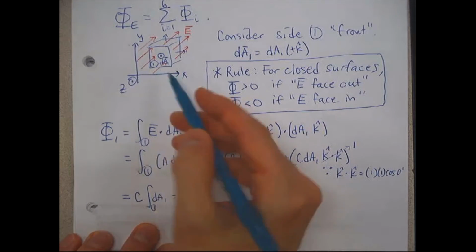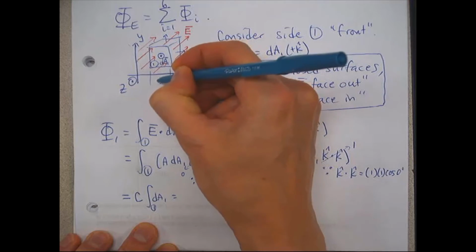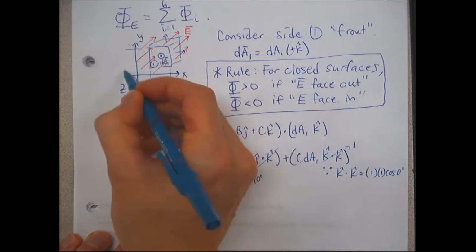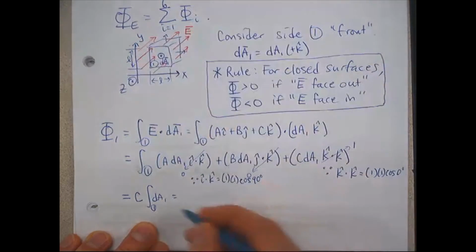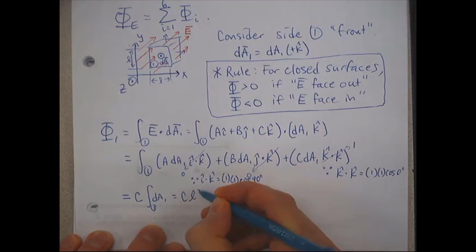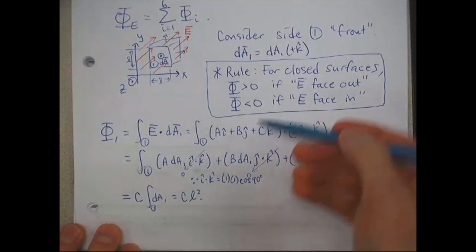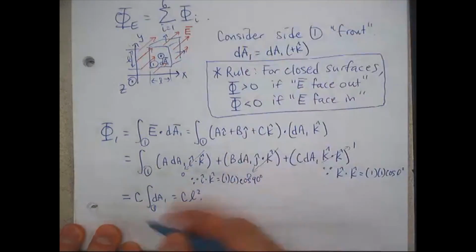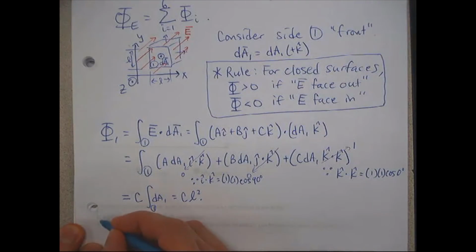So with a side length of L both ways, that area is L squared. Okay. Well, we won't do all 6 of them, but let's just quickly consider the back.